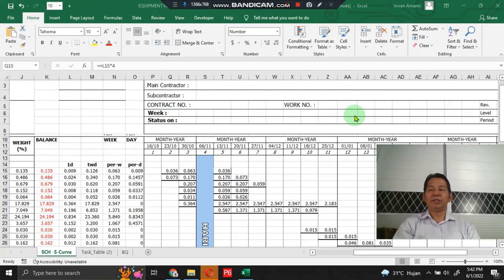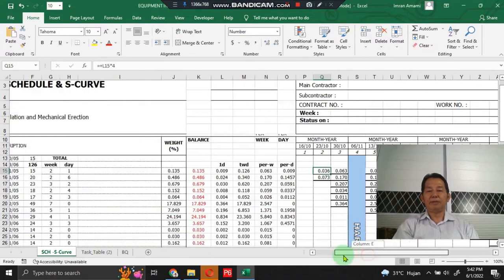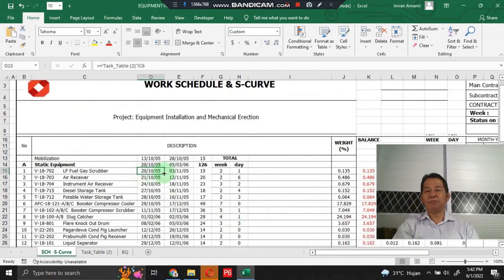Next, we make a schedule line based on the work schedule of each work item. For example, for the LP fuel gas scrubber, the schedule starts from October 20, 2005 and finishes November 3, 2005, meaning 15 days, which is 2 weeks and 1 day.